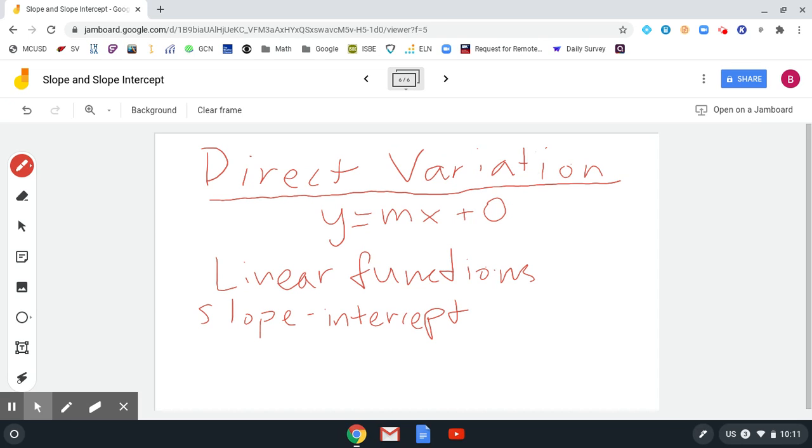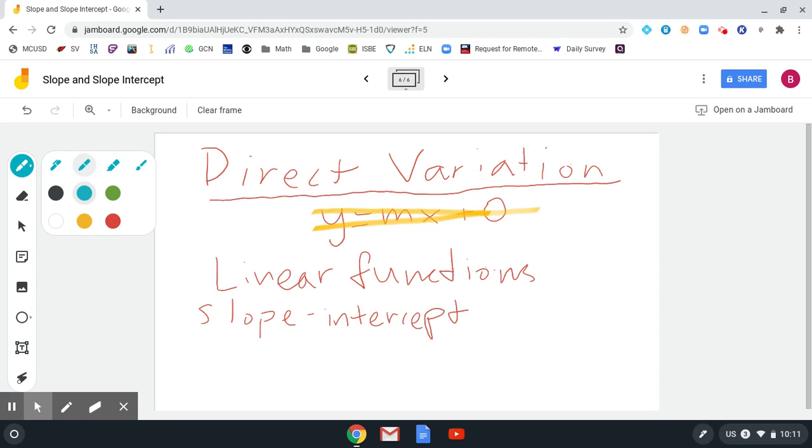But it's generally the same kind of concept as up here, as this y equals mx plus 0, except there's one minor change. Instead of that plus 0, we're actually adding something to it.